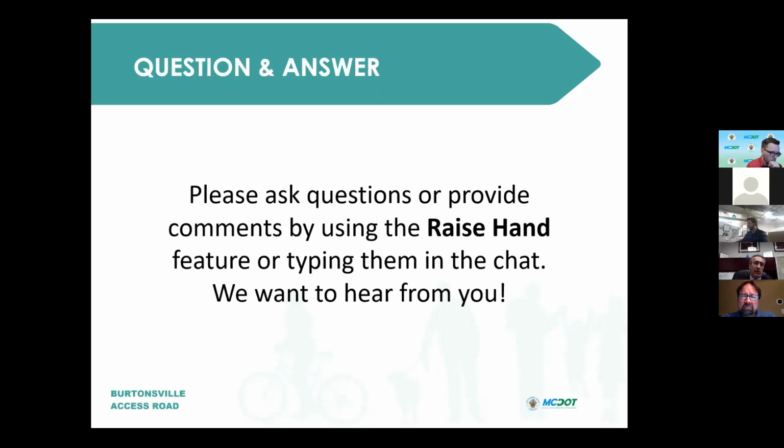The point that you're raising is if and when SHA does their project, and if they cut off access to the businesses from 198, then it will become necessary for people to access the businesses from the rear. But having said that, that's something the county can always look at through agencies such as Department of Housing and Community Affairs to come up with a program to assist the businesses as far as their facade on the rear.